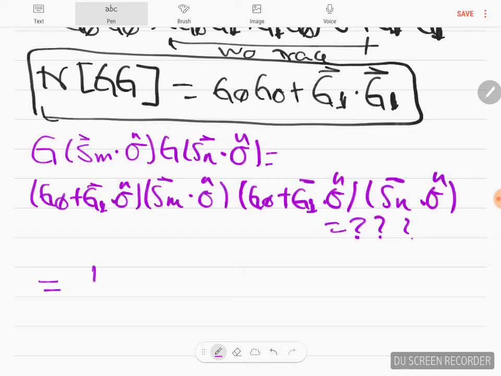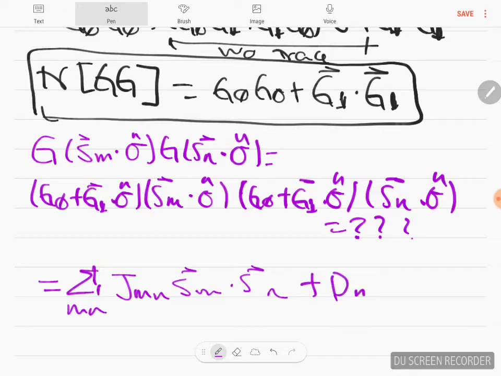If we did have it, it would be some J mn that depends on some product of constants that go next to Sm and Sn. The important thing is that this will depend on the dot product between these two.